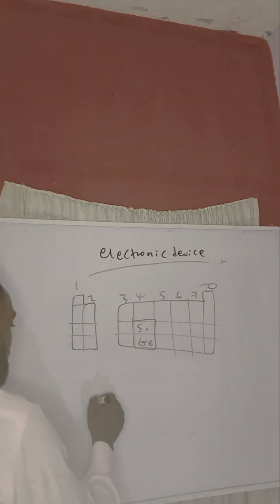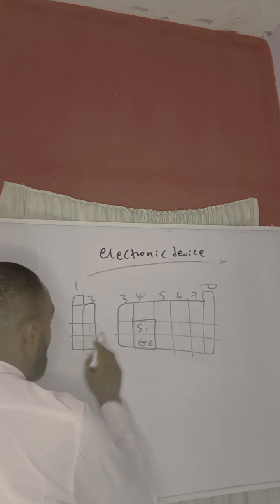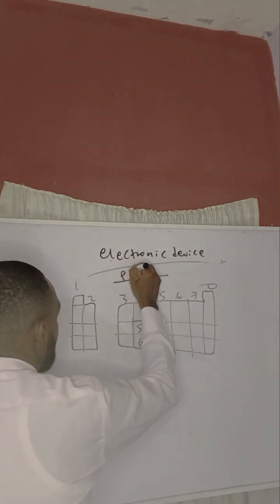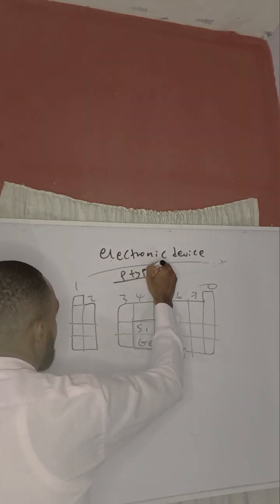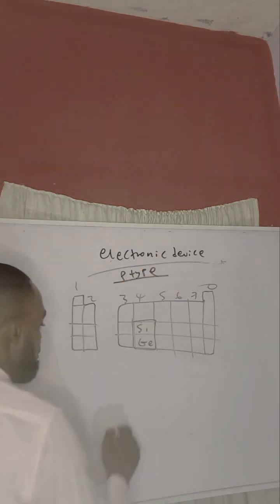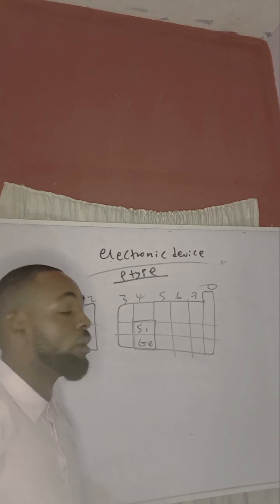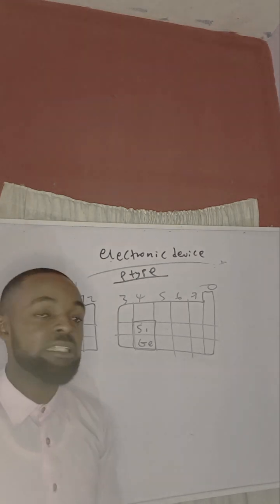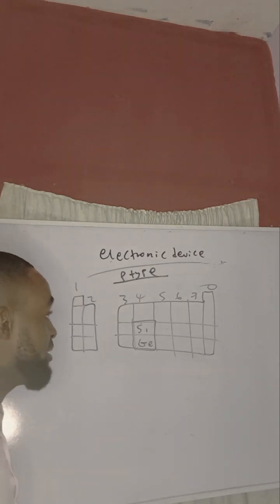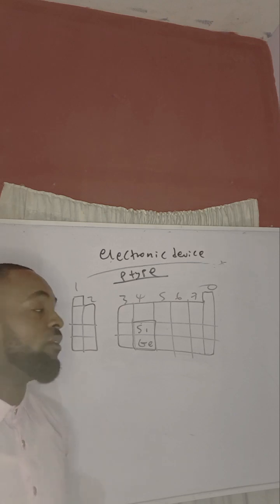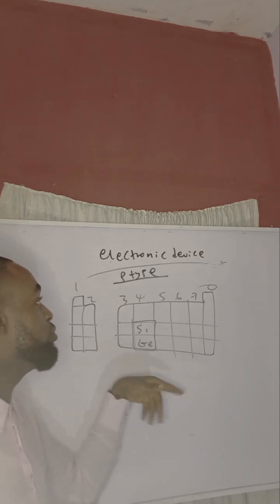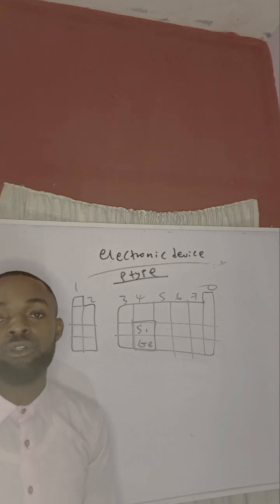So in doping now, because we are talking about the p-type, p-type semiconductors are produced by adding a trivalent element, that is an element in group 3 of the periodic table, to a semiconductor.